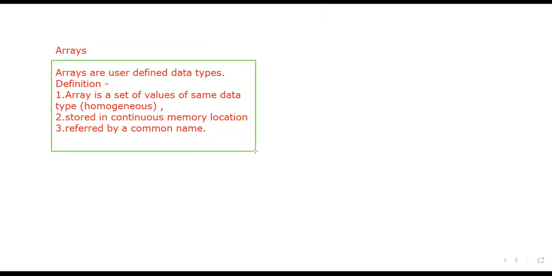This is my definition of array. What do we mean by same data type? See, if I write, for example, int a, float b, long c.